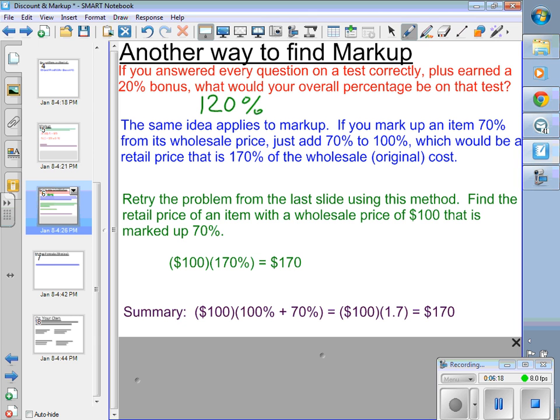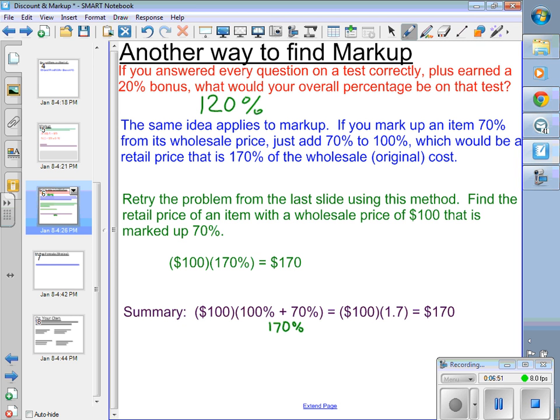So, in summary, if we do $100 times 100% plus 70%, we'd have 170% here, right? So we'd take that 100% plus the 70% is the same as 170%, or 1.7. And when we multiply them together, we get $170. That's all on that slide.